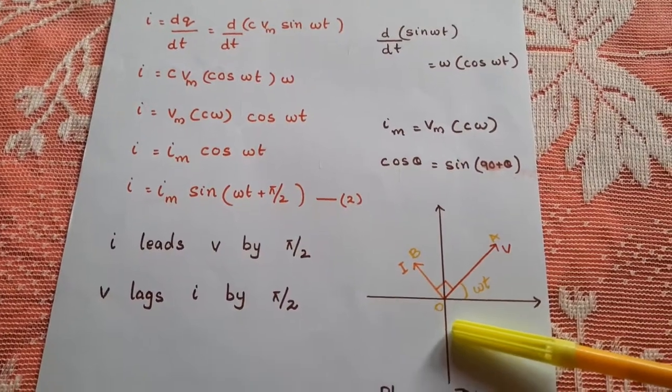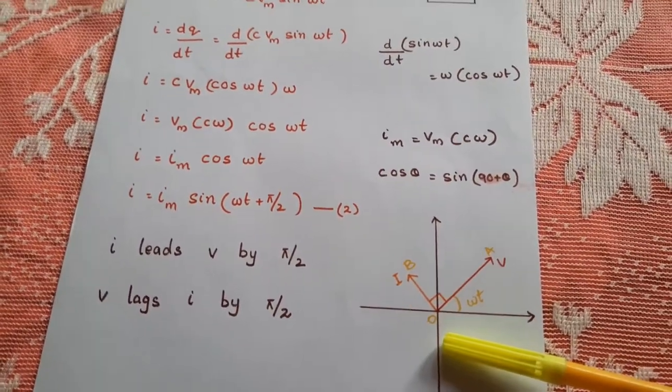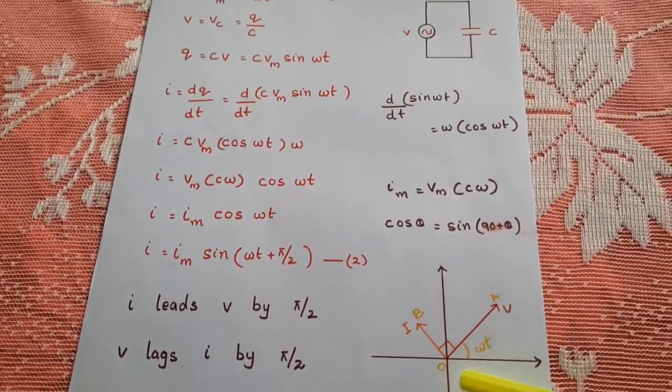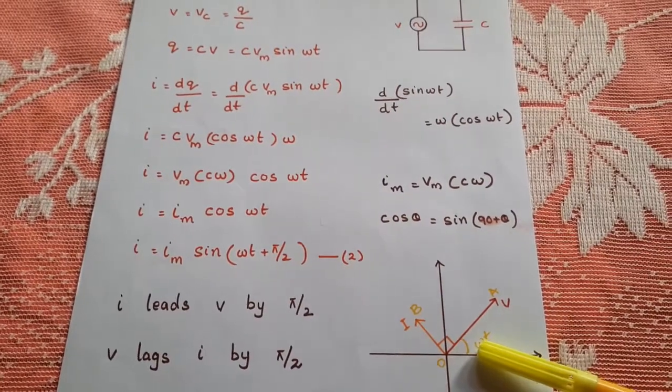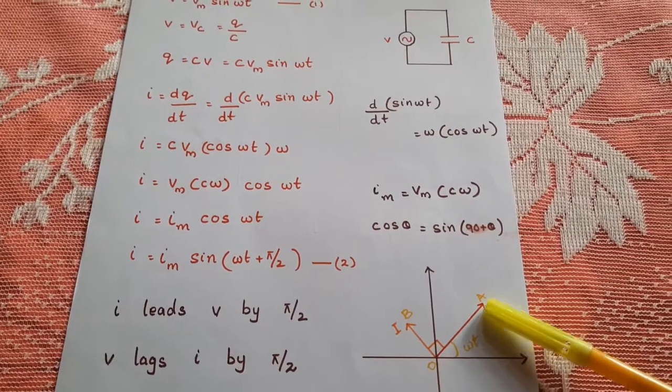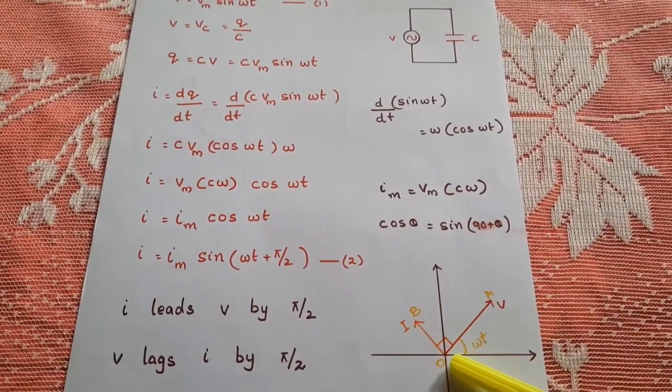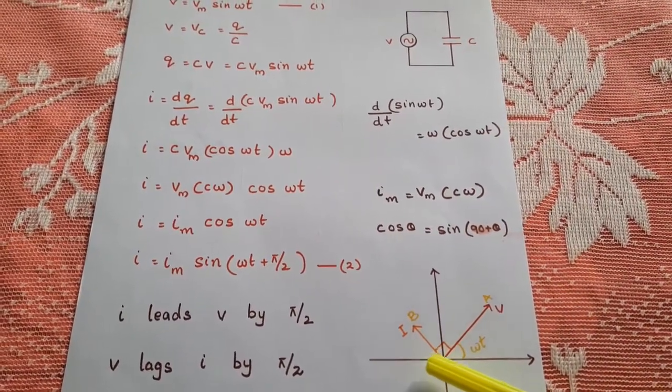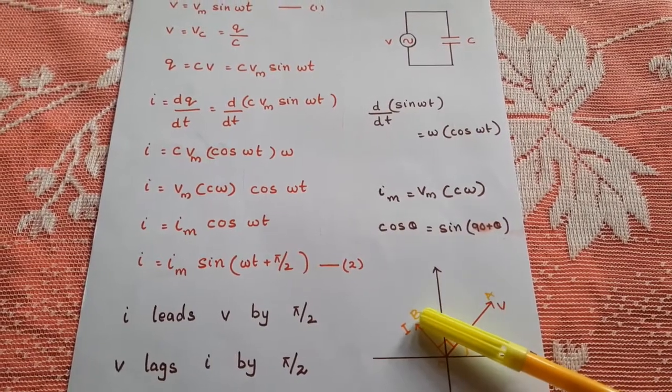So let us draw the phasor diagram. For voltage, the phase value is omega t. It is represented by OA. Current leads the voltage by pi by 2. So current phasor is represented by OB.